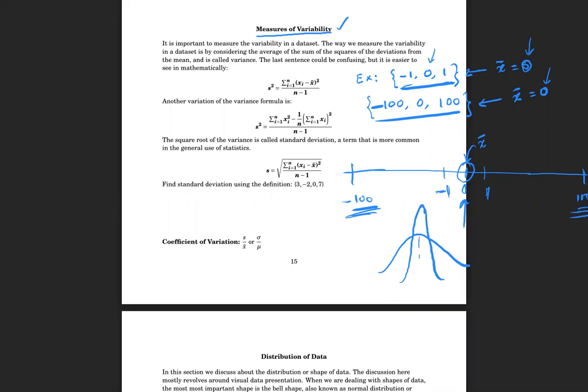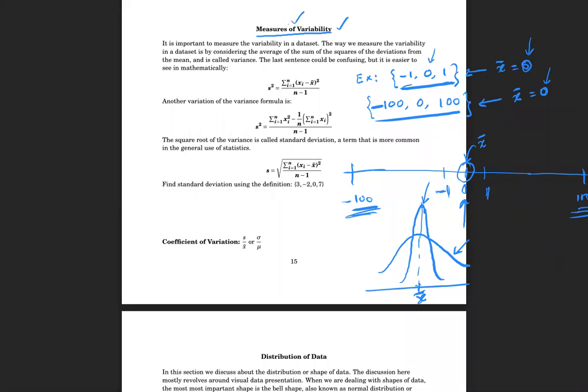Both have the middle right here, x bar. You can see in this one, the data points are more compact or closer to the mean, whereas in this one, data points are further out compared to the mean. Do you see that? That's what the measure of variability is.